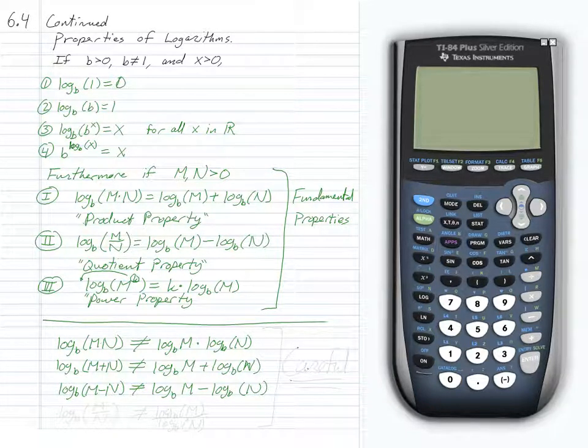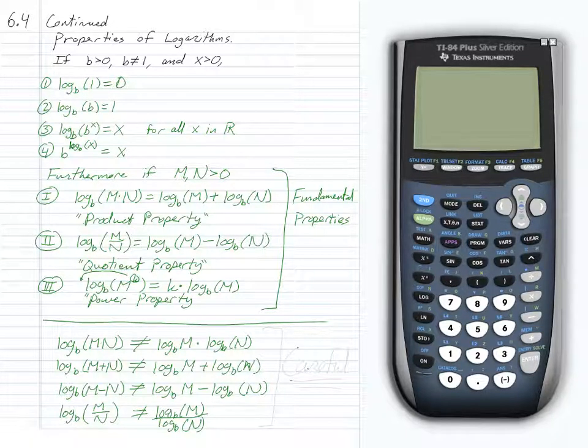And the ratio log base b of m over n is not equal to log base b of m over log base b of n.